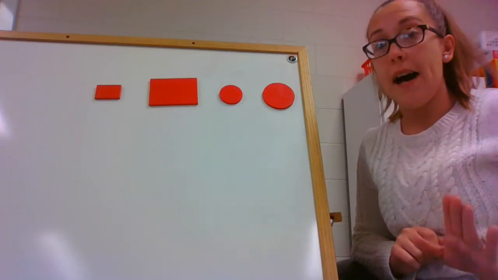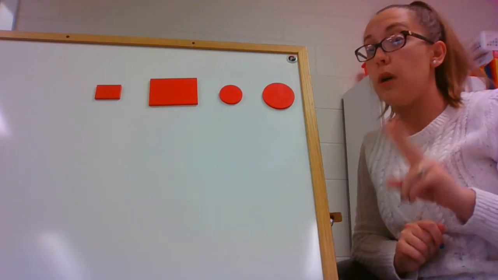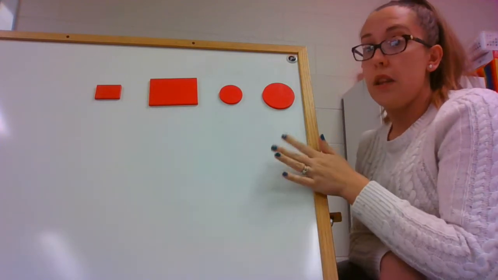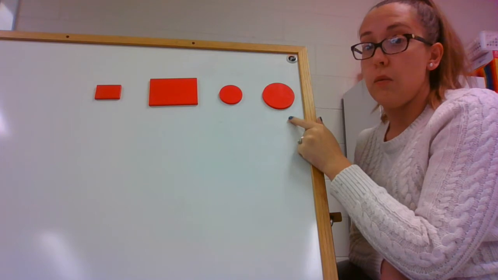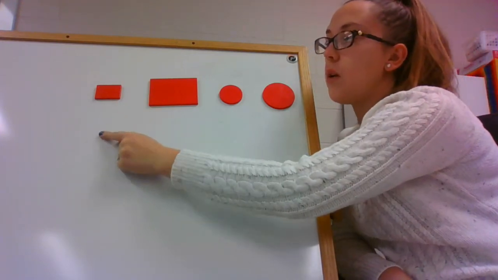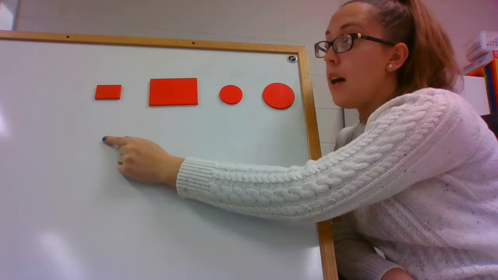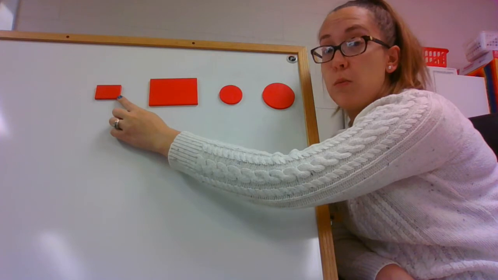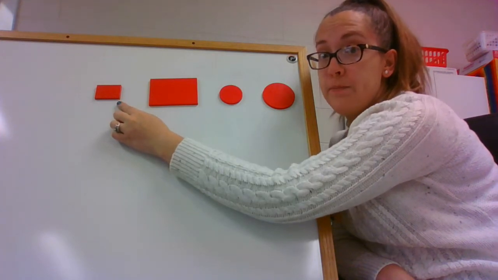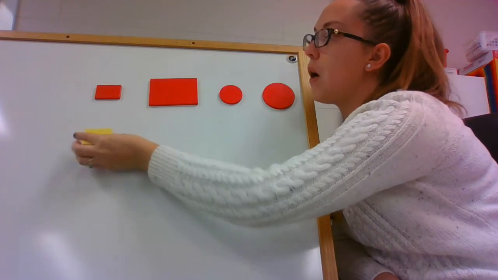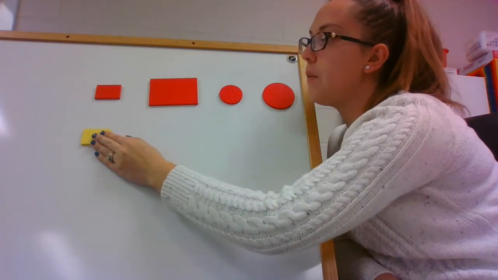So now I had yellow and I had blue as well. Now we are going to line those colors up with the red ones that we have already up here. So we're going to do yellow. What comes first? We know it's going to be yellow and it's going to be a rectangle. And is it going to be large or small? Yeah, it's going to be small. So we'll put our small yellow rectangle right there.